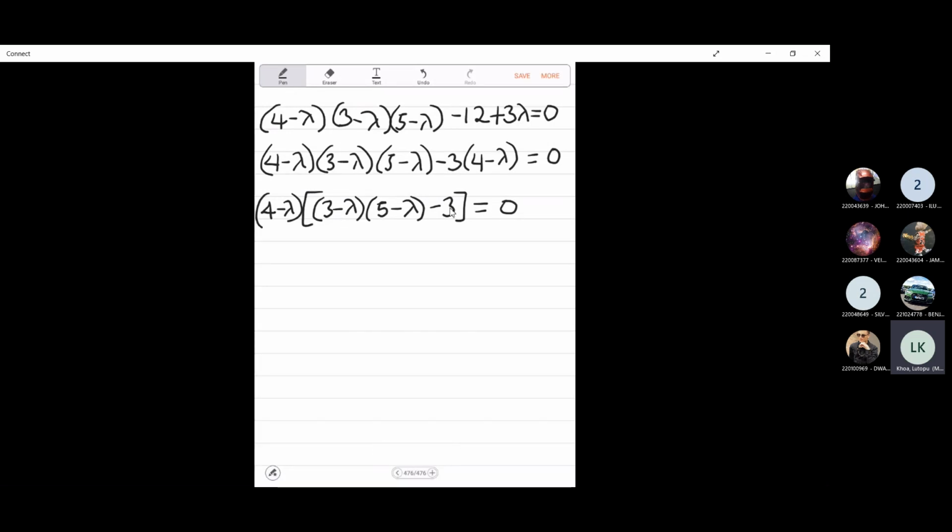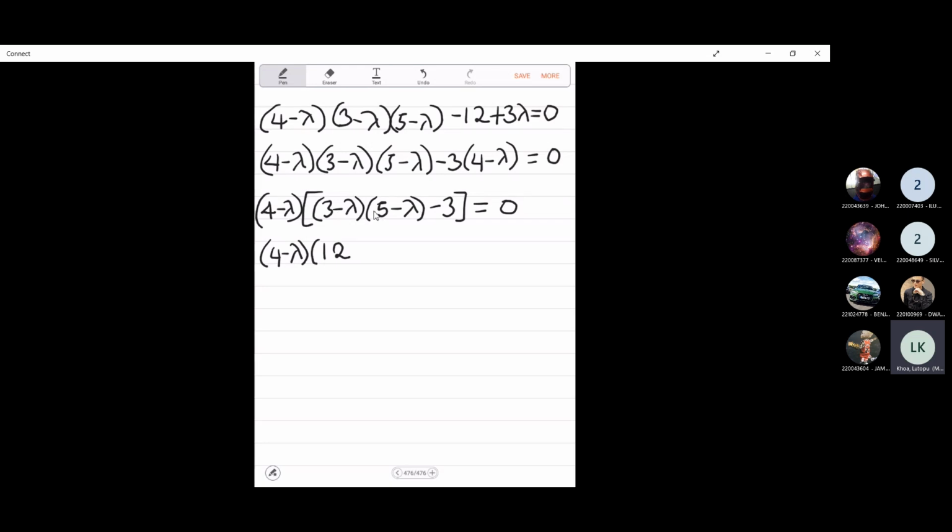Then we can multiply this out, get 4 minus lambda. And then we have 3 times 5 is 15. 15 minus 3 is 12. Then 3 times minus 1. 3 times minus 1.